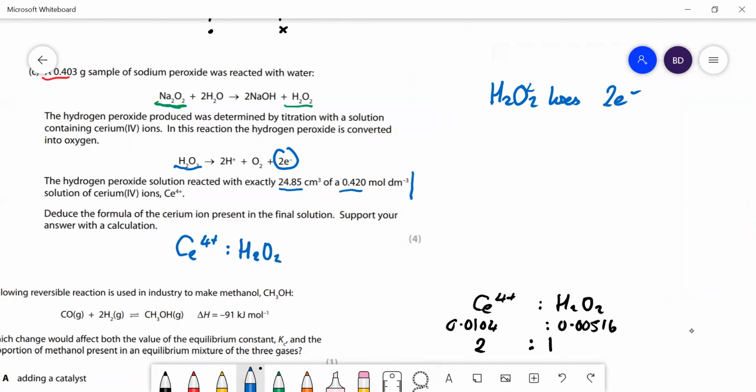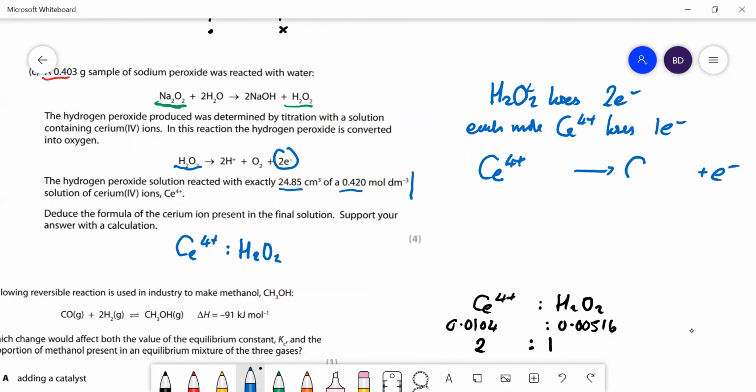So that means the cerium, because you need twice as much of it, each mole of cerium isn't losing 2, it's only losing 1 electron, because you need twice the moles of cerium to hydrogen peroxide.